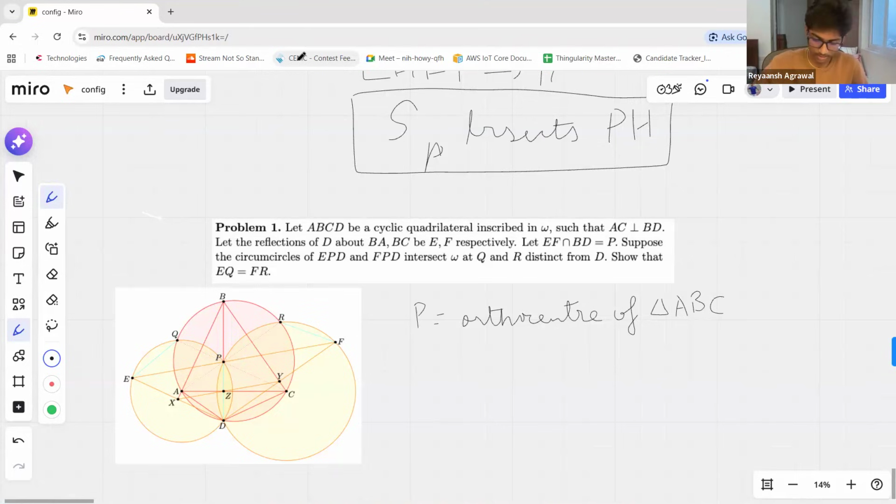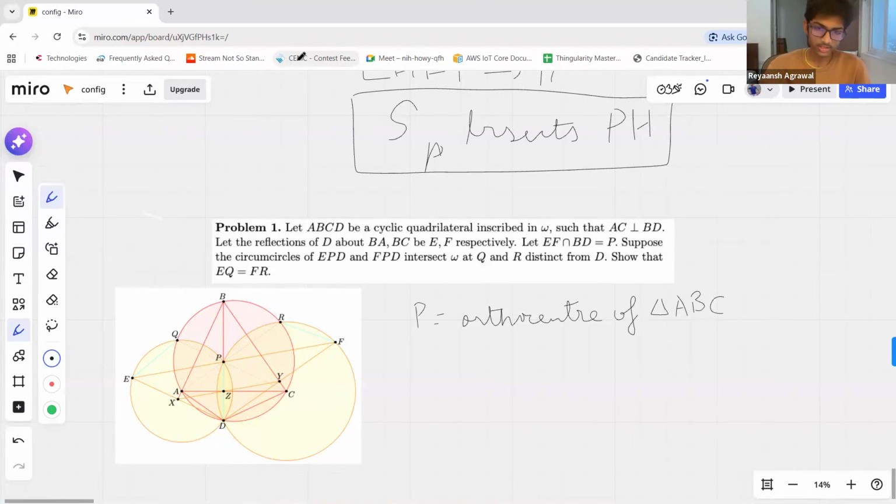You see that circle DPE is symmetric about line AB, right? So the reflection of P about AB would lie on circle DPE.